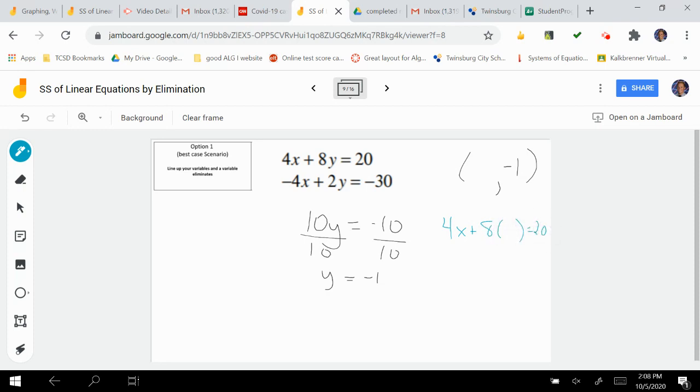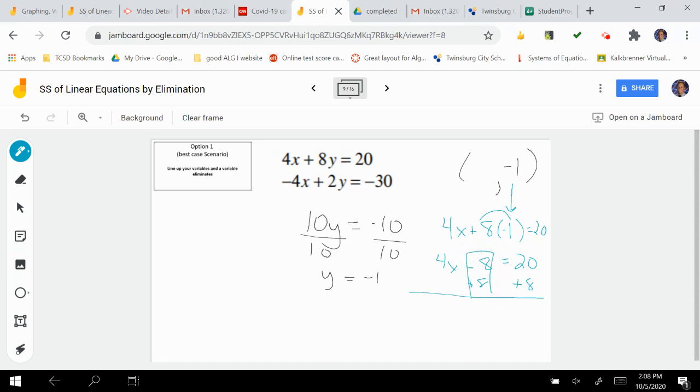If you notice, I didn't rewrite the y because I already solved for it. I'm going to substitute back in for that value. So now I'm going to distribute that 8 to negative 1, and I'm going to get negative 8 for my answer there. Equals 20. I didn't do anything to that, so I just recopy that. I'm going to combine like terms over that equal sign, so I'm going to add 8 to both sides because I'm going to isolate that x variable.